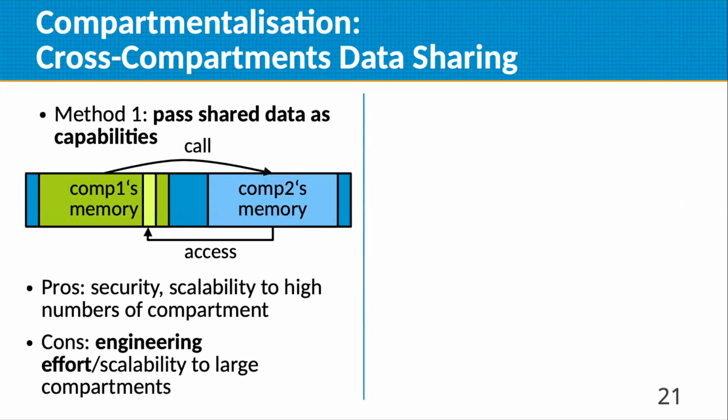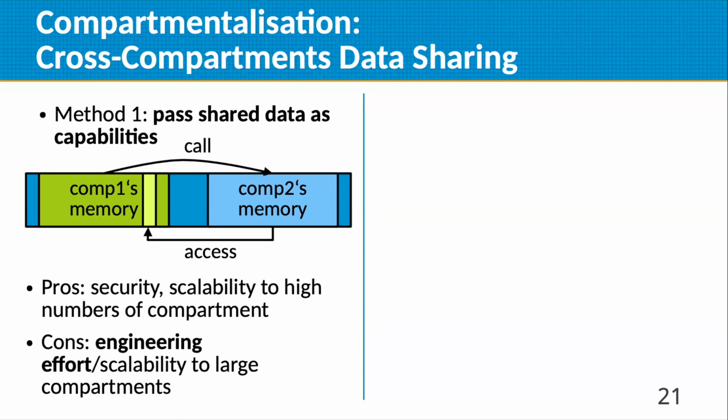The first method to share data was basically what we thought was intended by the designers of CHERI: data is passed as pointers, so just switch these pointers to capabilities. In that way, when compartment 1 passes the pointer to its own memory to compartment 2, compartment 2 gets limited access to a subset of compartment 1's memory, and it is very fine-grained, it's a capability.